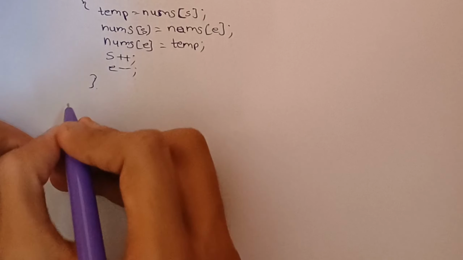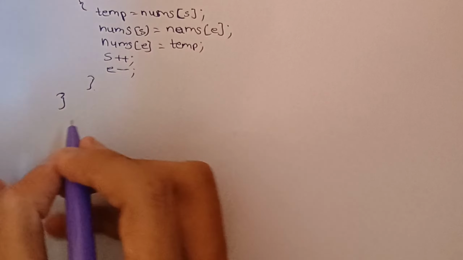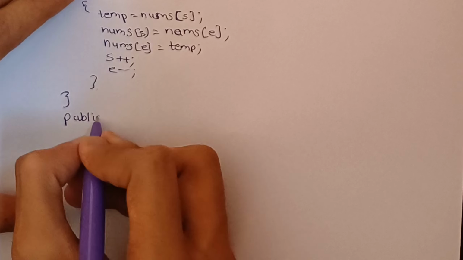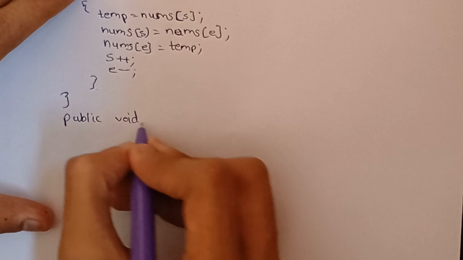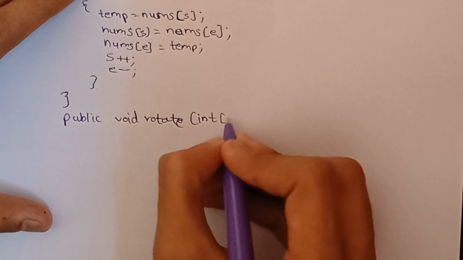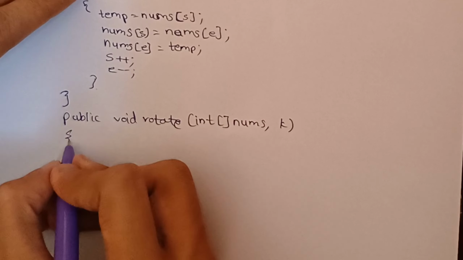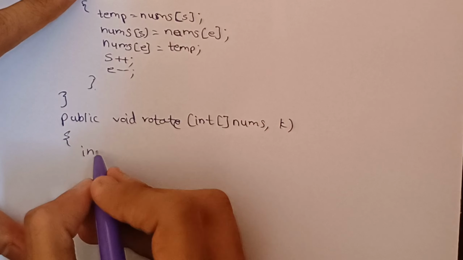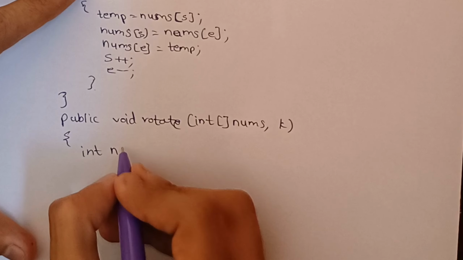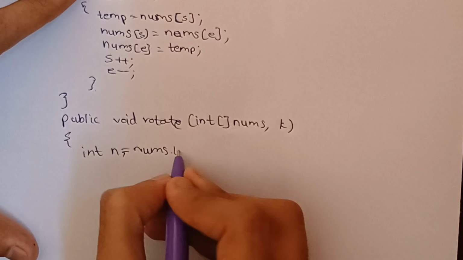Then you can see this function gets completed, and here is our normal public void rotate, which gives the int nums array and the value of k. We will take int n, which is nums dot length.